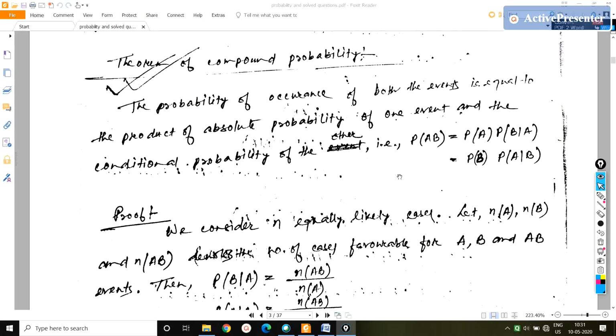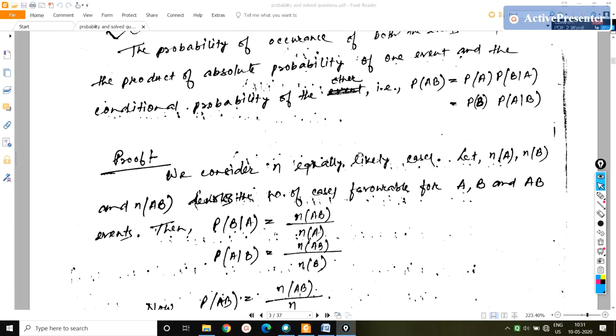So how to prove the theorem of compound probability? Here you see that it means the probability of AB, that is, the probability of simultaneous occurrence of both the events, and that is the product of P(A) and P(B given A), or P(B) and P(A given B). To prove this, again we will go to basics.